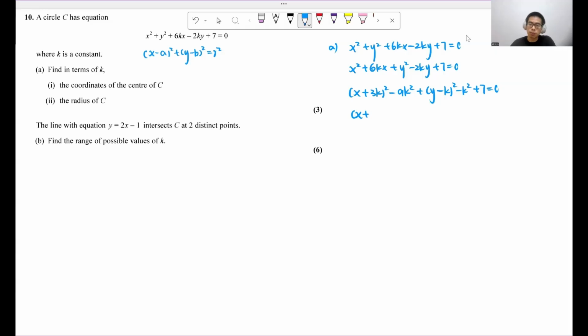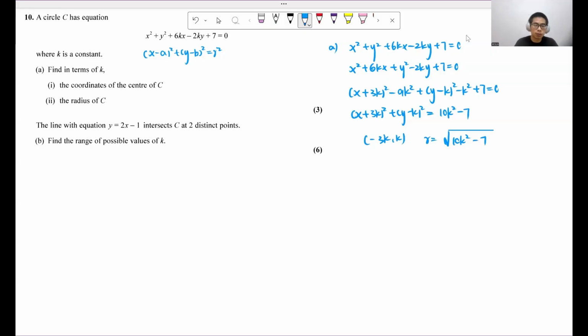So then x plus 3k squared plus y minus k squared is equal to 9k squared plus k squared, which is 10k squared, and then minus 7. Therefore, the center of the circle is negative 3k, k, and the radius of the circle is the square root of 10k squared minus 7.